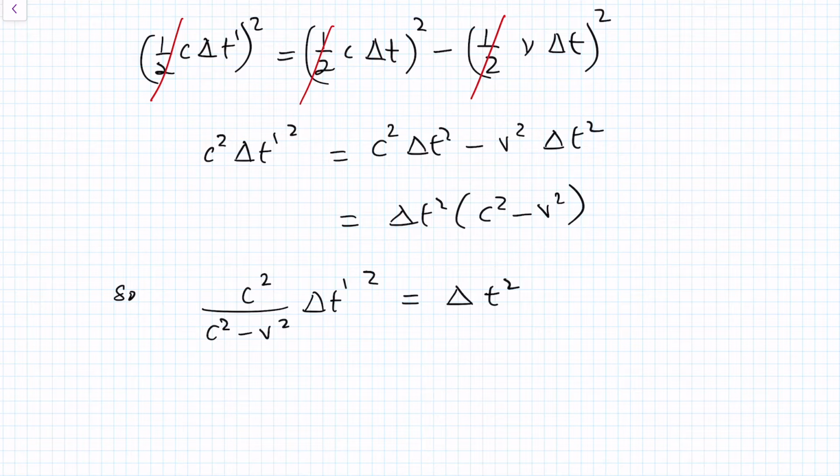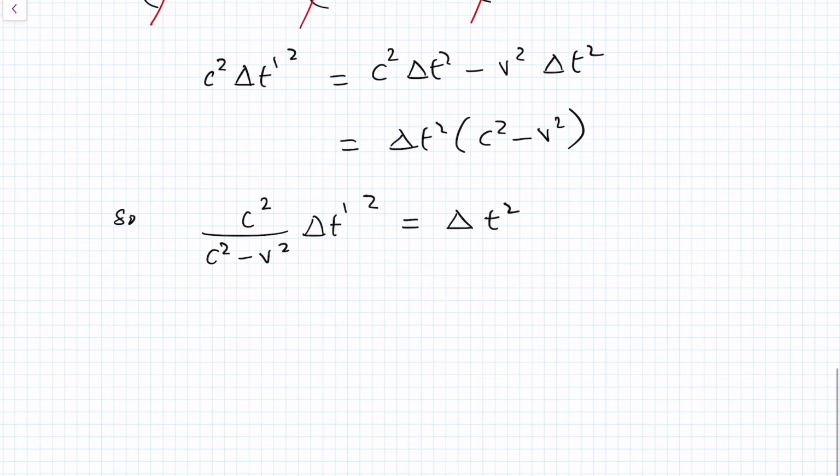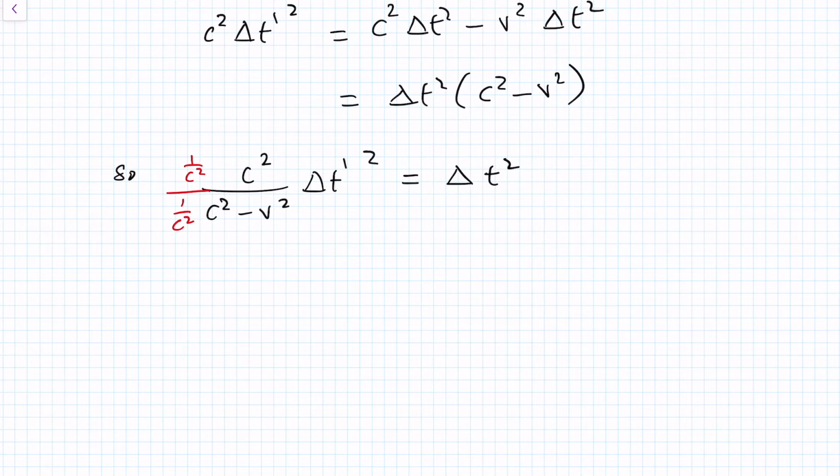Okay. So let's multiply everything by 1 over c squared over 1 over c squared. That is just 1, so we can do that. Multiplying that means we will have 1 over 1 minus v squared over c squared, Δt' squared is equal to Δt squared.